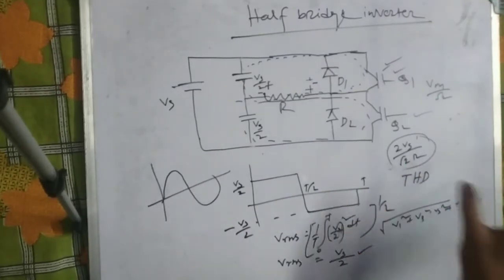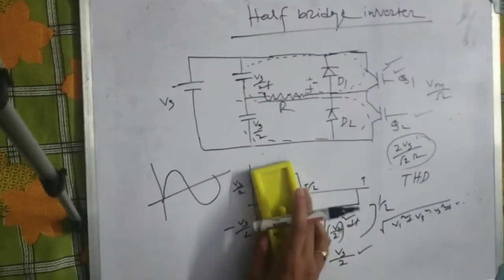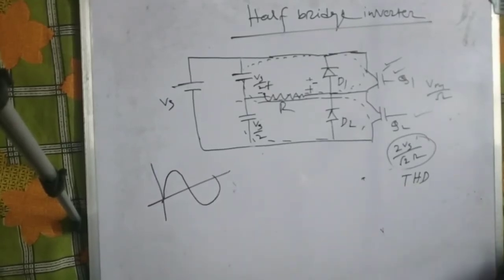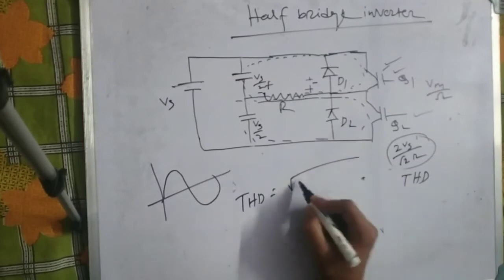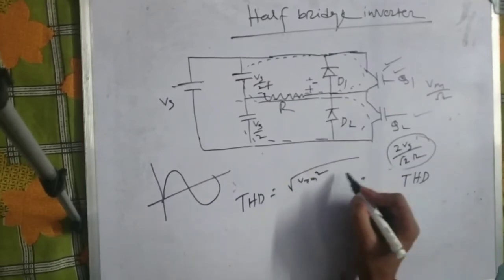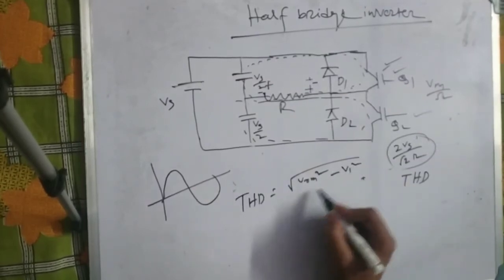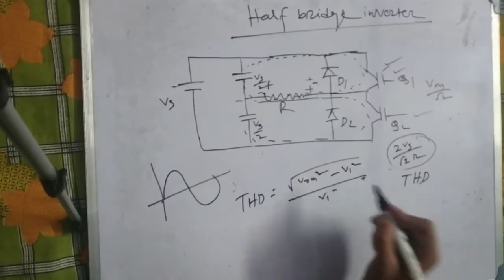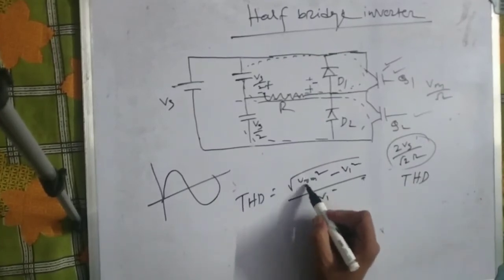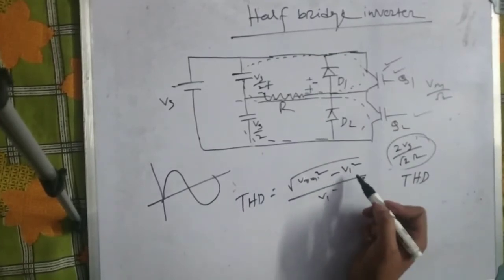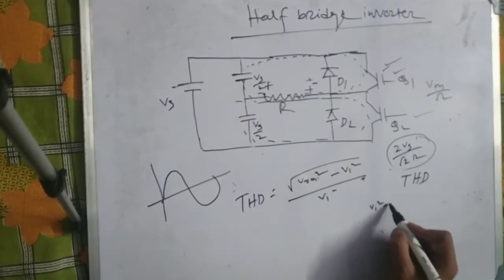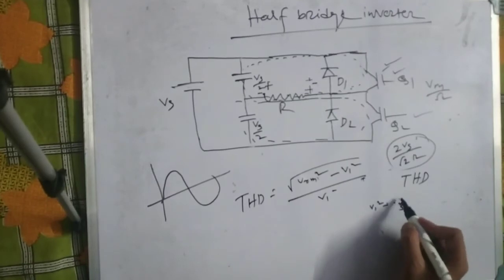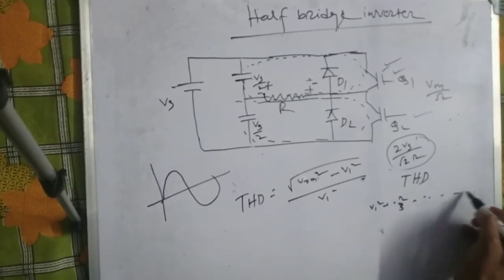So total harmonic distortion is defined as THD equals the square root of total VRMS square minus first harmonic square, divided by first harmonic. So this is VRMS minus V1. VRMS square means V1 square plus V3 square plus V5 square, and so on.